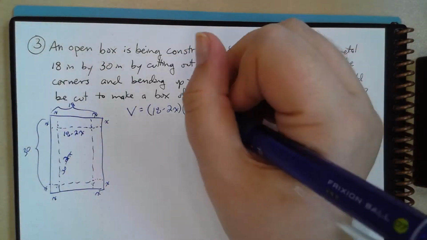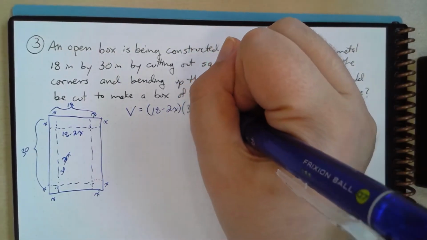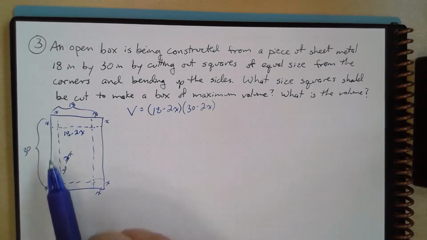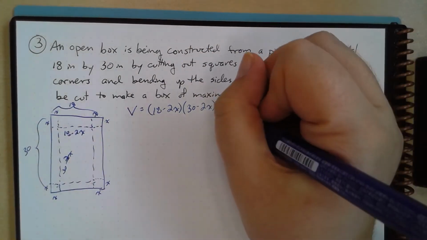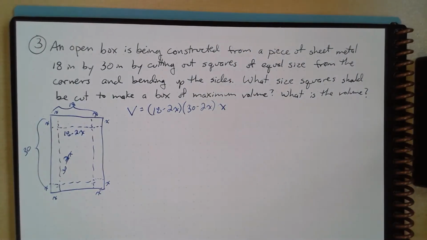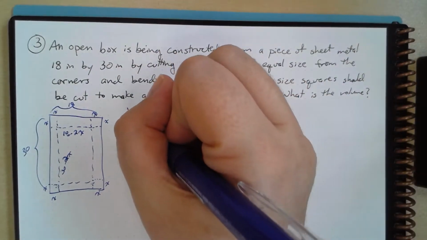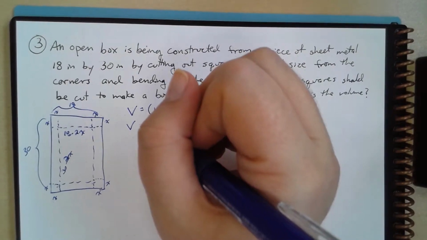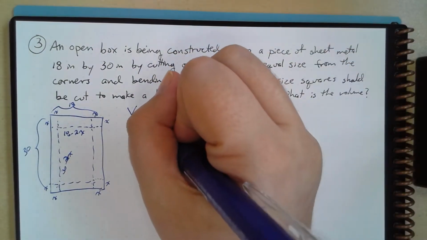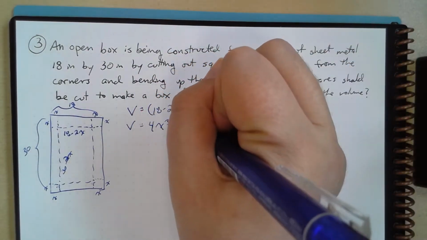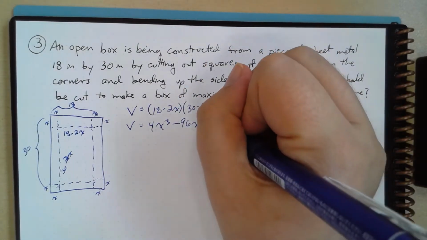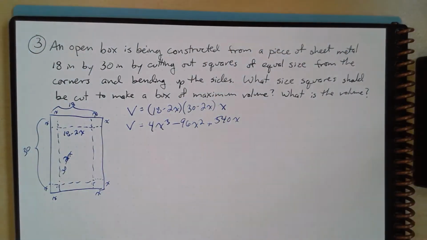That's this length here, 30 minus 2x. So that's our length, and our width, times our height, which is just x. Okay? So now I'm going to multiply this through. Our volume is going to be equal to 4x cubed minus 96x squared plus 540x. Might want to check my math.